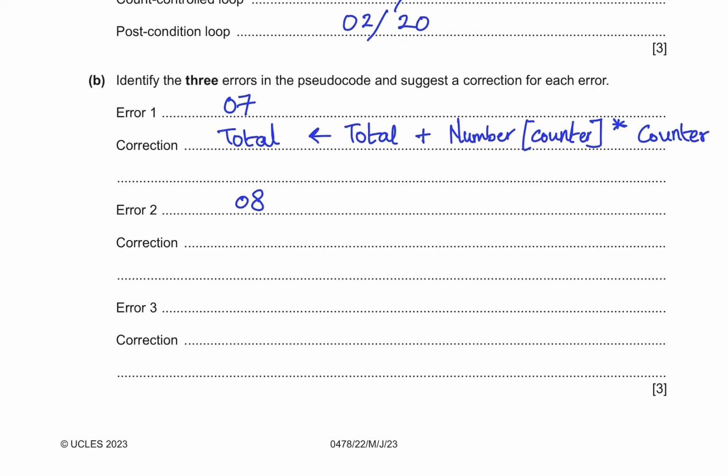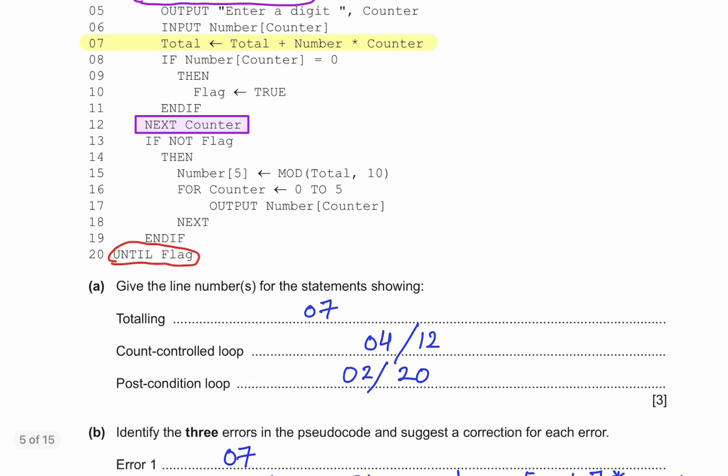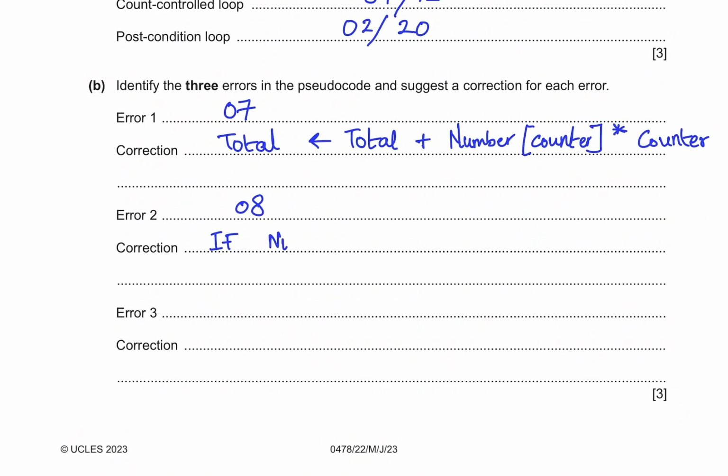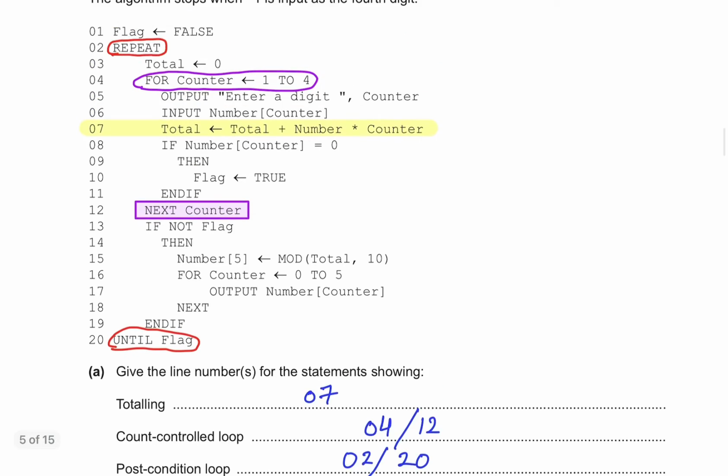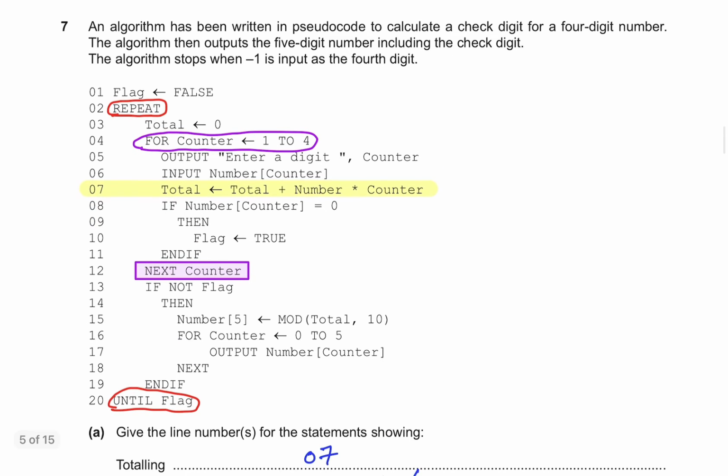Line number 8, it should be if number[counter] is equals to -1, or you could say less than 0, because here it says the algorithm stops when -1 is input as the 4th digit, so that's why.